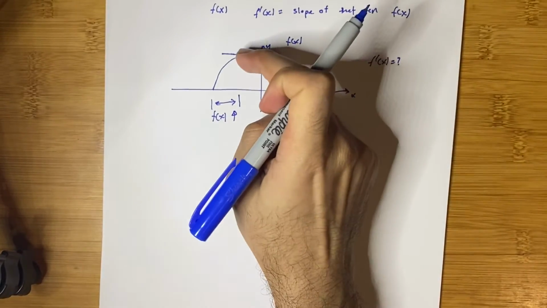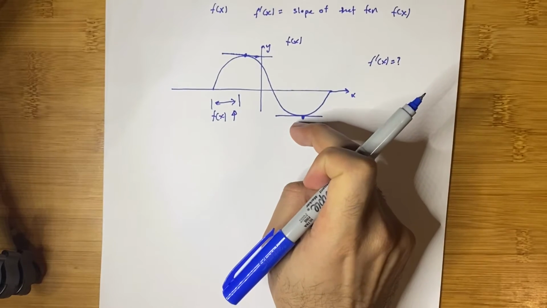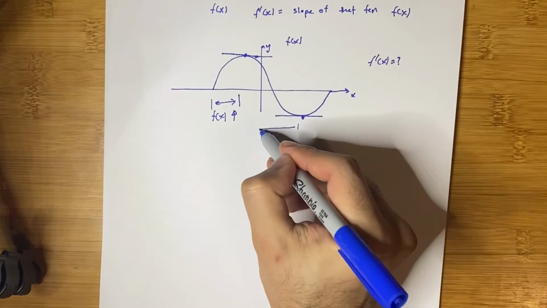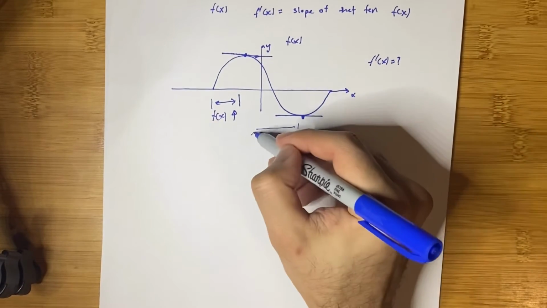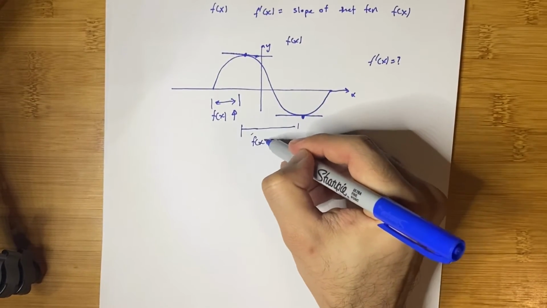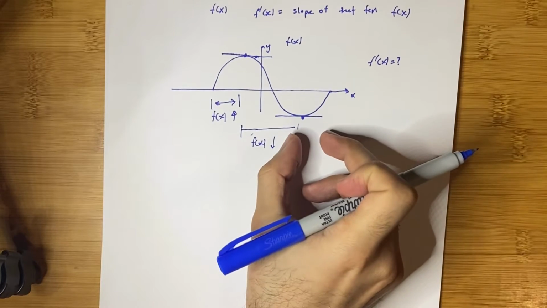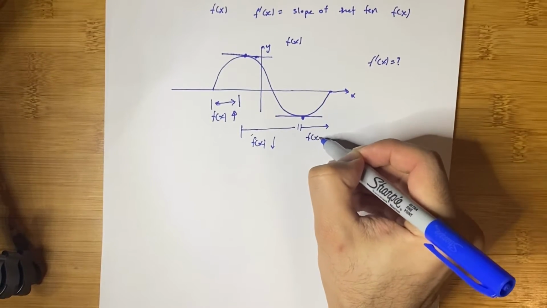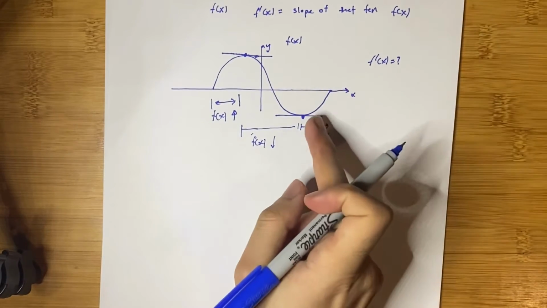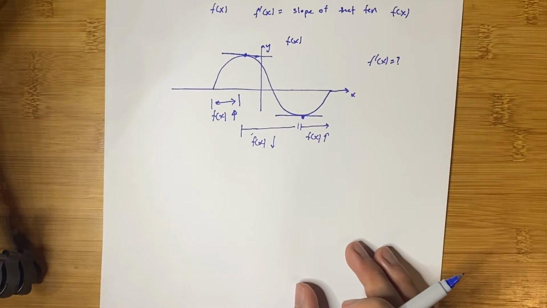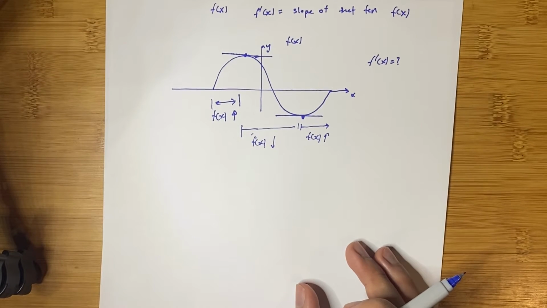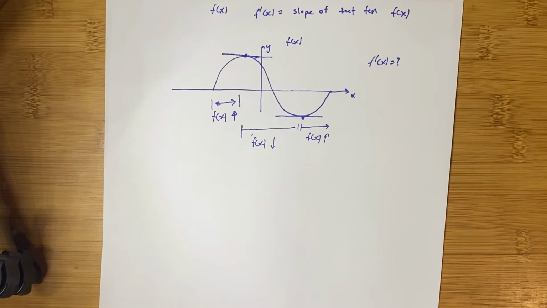Then at this segment from here to here, f of x is going down. And then from here to here, again, f of x is increasing in value, it's going up again. Okay? So now let's try to graph its derivative.